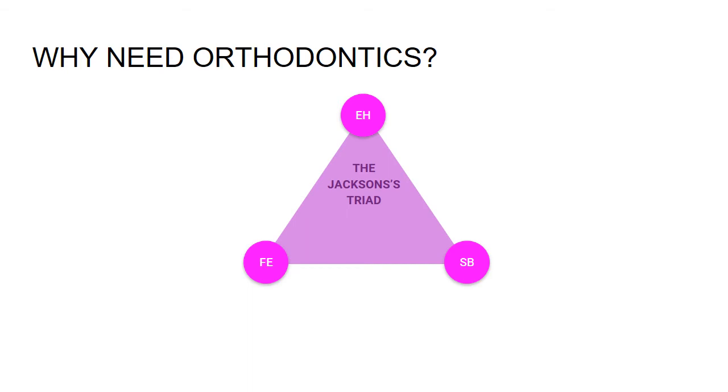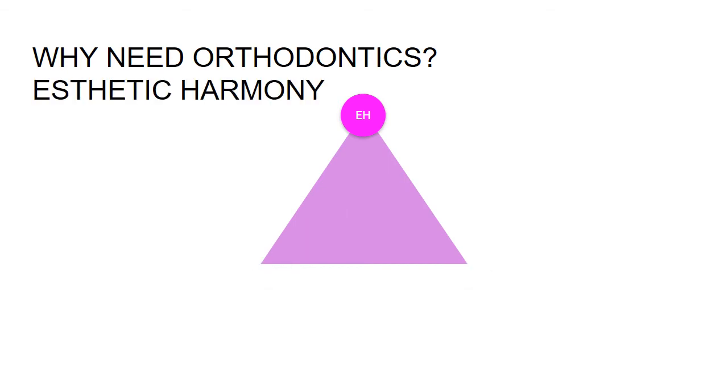We'll start with aesthetic harmony because that's the most common reason why patients come for orthodontic treatment. Second is functional efficiency. This is the second most common reason why a patient wants treatment. And last is structural balance. Let's discuss the examples. So, improvement in aesthetics is an obvious reason to undergo orthodontic treatment.